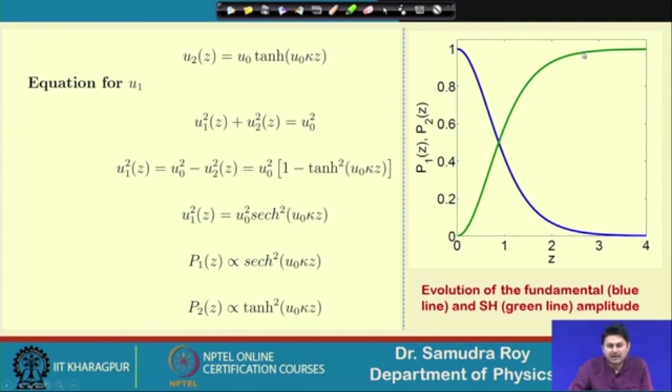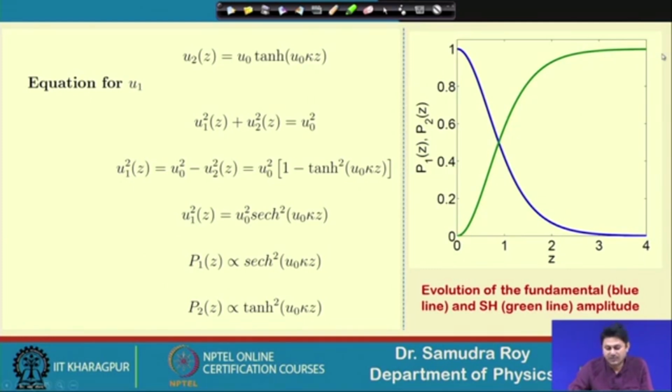That means when the second harmonic has gained the maximum energy out of the fundamental wave, there is no way that it can change its amplitude, because the total energy is conserved. Since the total energy is conserved, there should be a saturation.